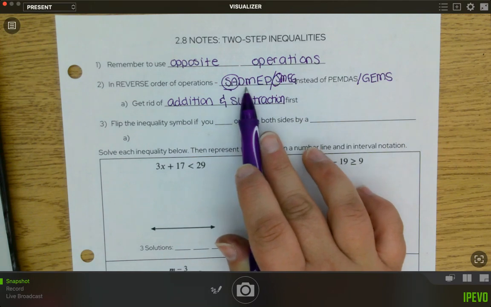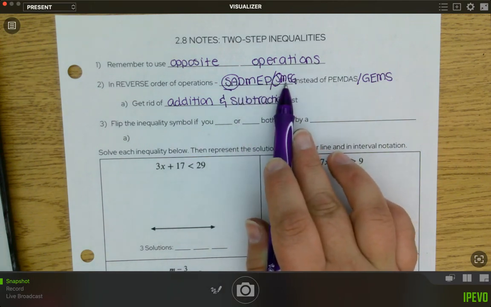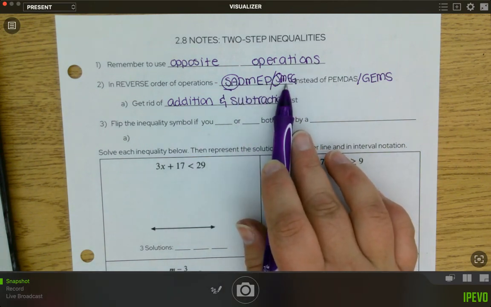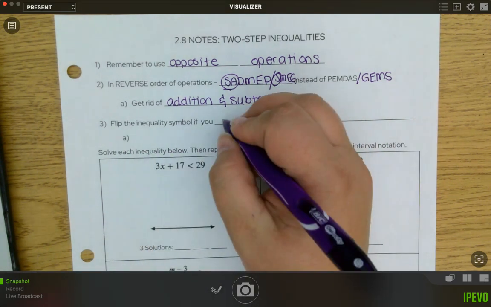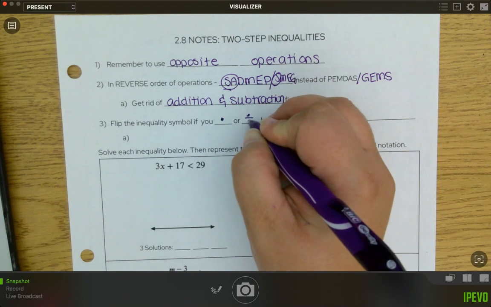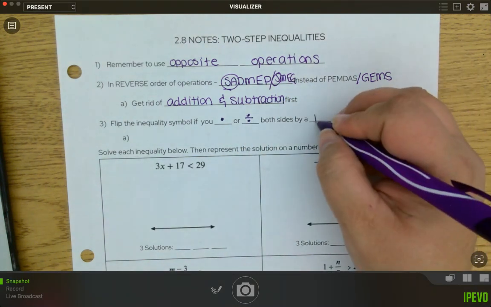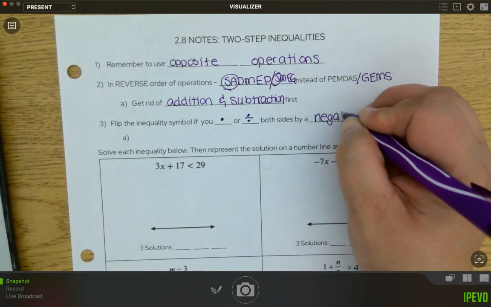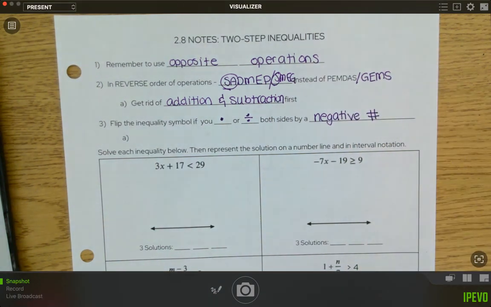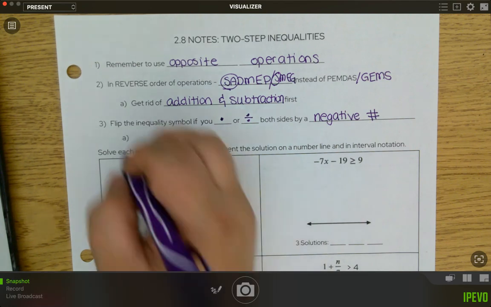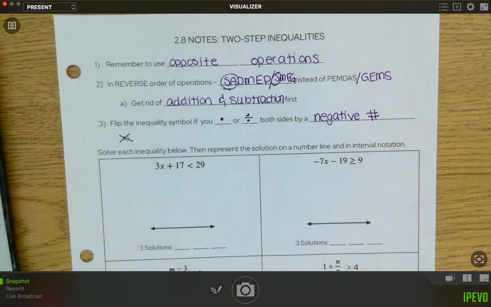See how multiplication and division comes afterwards. And then just a rule from 2.7: flip the inequality symbol if you multiply or divide both sides by a negative number. Okay, and then we're going to graph it.